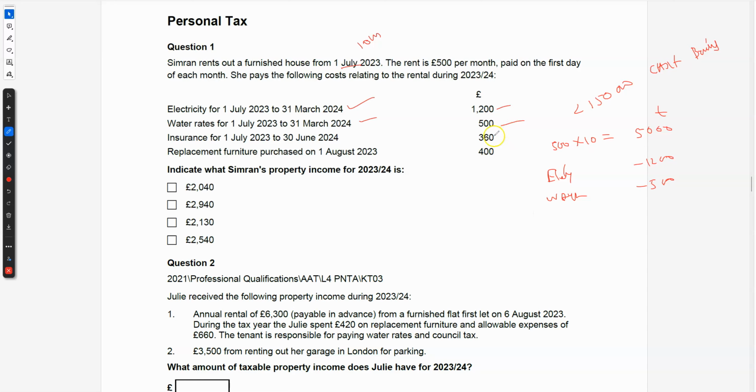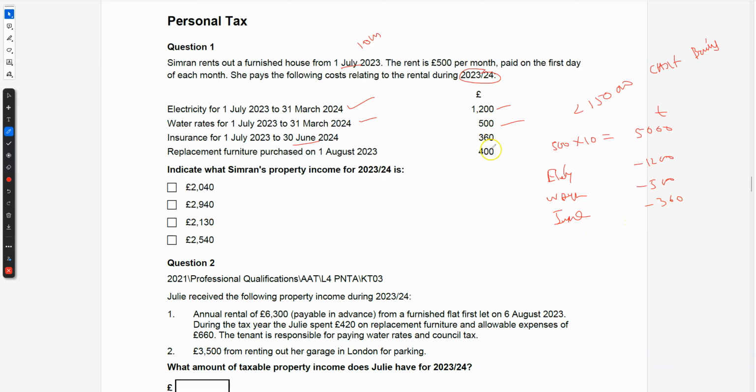And then insurance, paid 1st July to June 24. Even though it covers after the tax year, they said she paid the cost during 23-24. Remember, it doesn't matter for how long I paid, it is a cash basis, I'll take everything. So insurance 360.